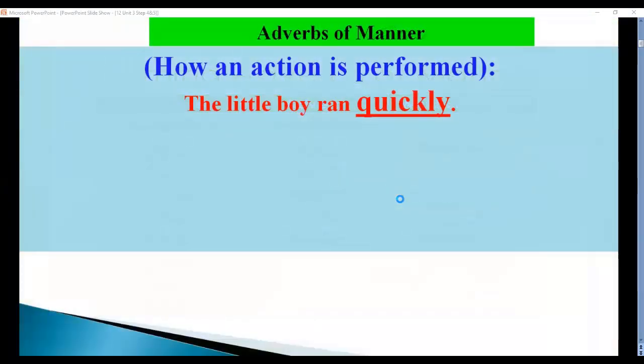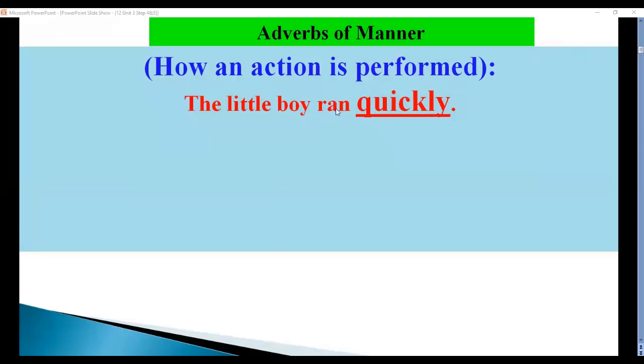Now we have to look at these examples of adverbs of manner again. As you know, adverbs of manner describe how an action is performed. This is the function of the adverb of manner. Take care, the little boy ran. How did the little boy run? He ran quickly.